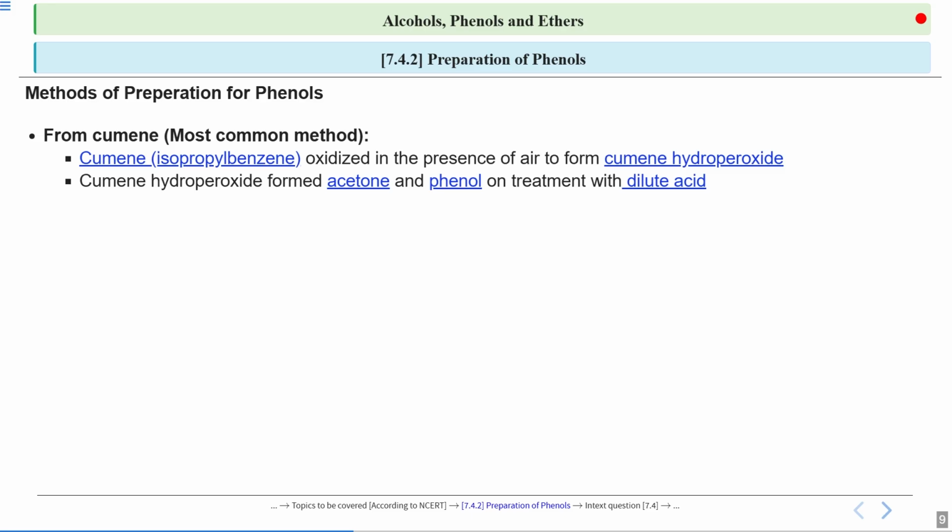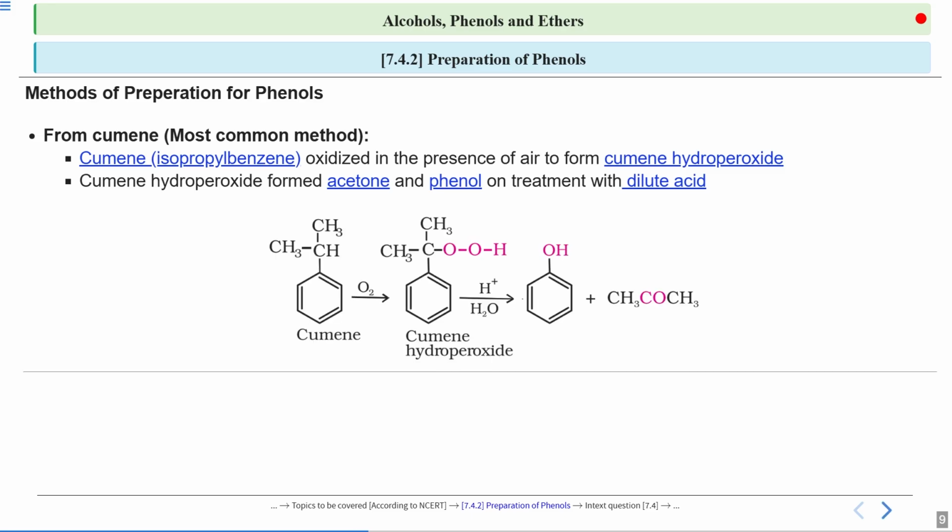So this reaction is for preparation of phenol. You will get phenol, and along with that you will get a ketone, which is acetone. If you look upon the reaction, we have this molecule cumene, which is benzene, over which an isopropyl group is attached. Then when you oxidize this cumene in the presence of air, that is oxygen molecule, these oxygen molecules will enter the isopropyl group and you will get a cumene hydroperoxide.